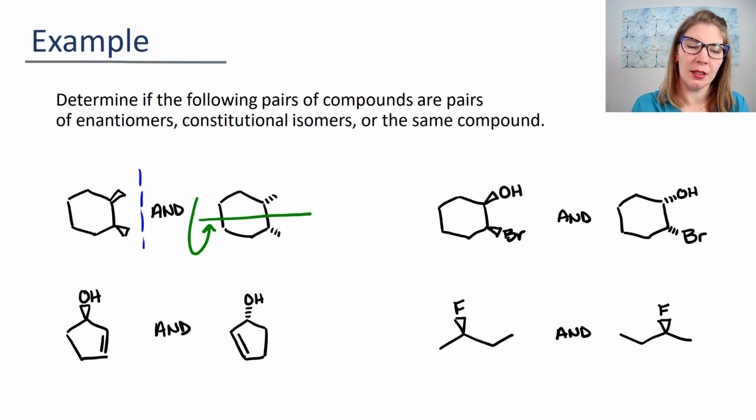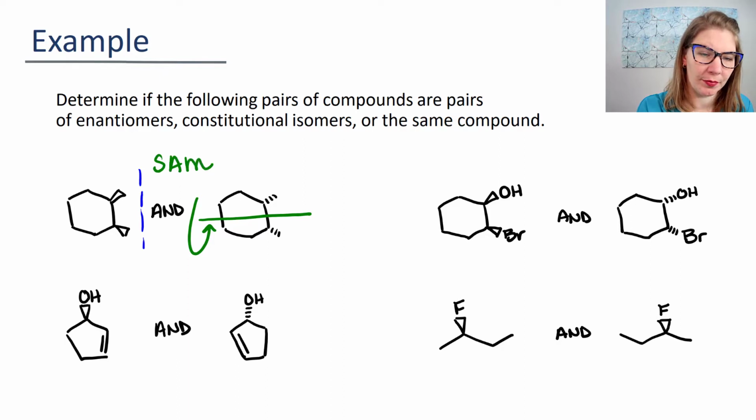When I rotate this along the green line, those dashed methyls, those dashed CH3s, will be in the plane of the page right now, and when we rotate it, they'll come out of the plane of the page. So really, these two compounds, these are the same compound.